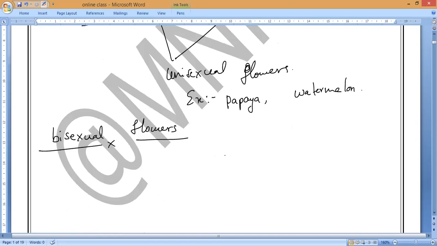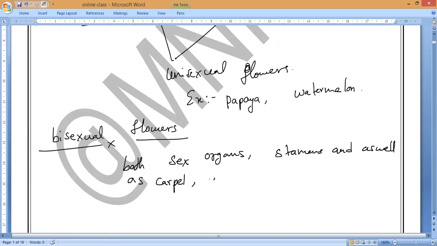You can write: the flowers which contain both sex organs, that is, stamens as well as carpels, are called bisexual flowers.